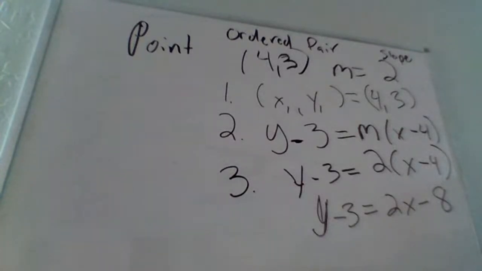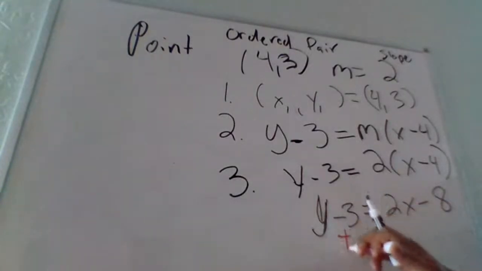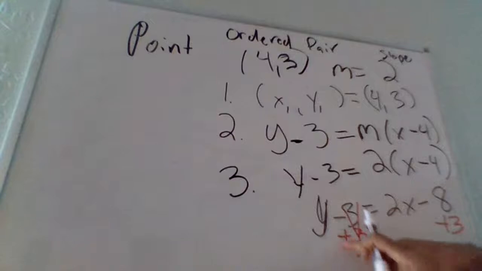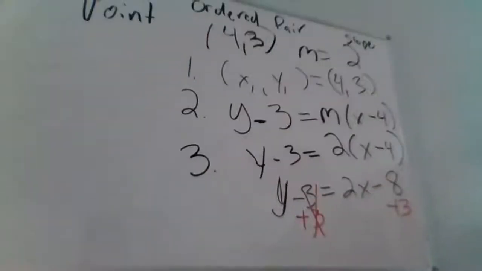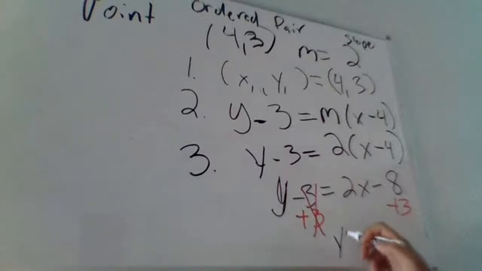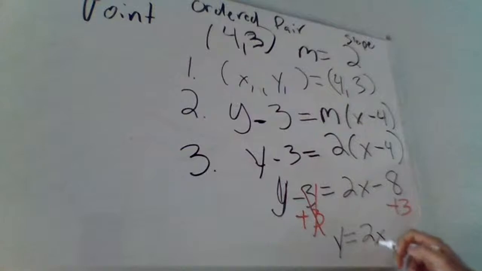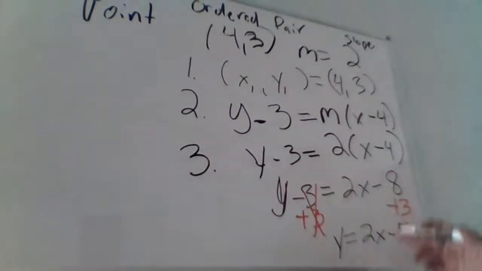We get rid of the negative 3 by adding 3 on both sides. Now see how we got the y by itself? That was our goal the entire time. So y equals 2x minus 5, and that is your answer.